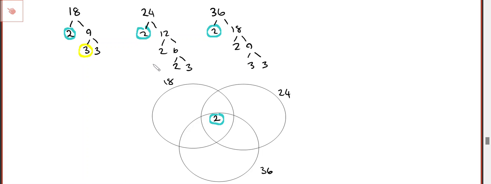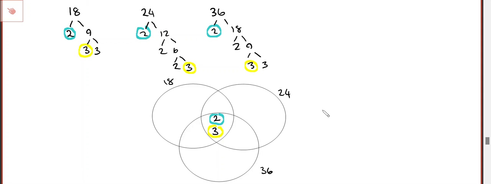Well, there's a 3 there, a 3 there, and a 3 there. All right. There's another 3, but there's no other 3 here. So I'm done. So the 3 is going in the middle there. There's nothing else that is in all 3. Does that make sense?